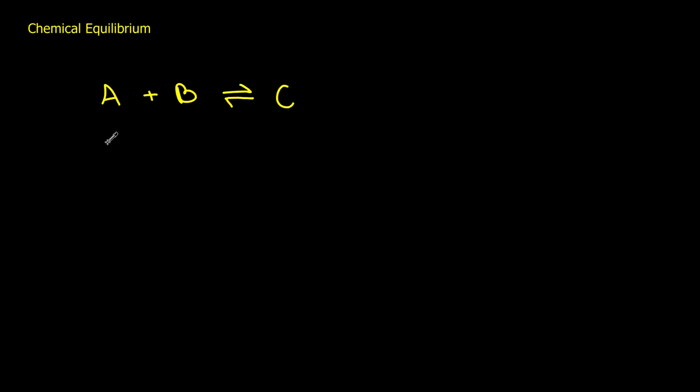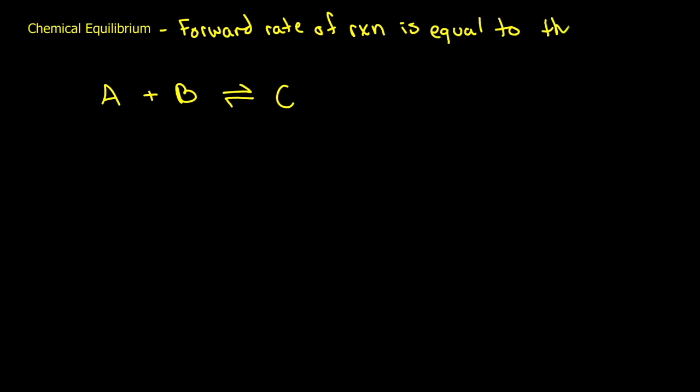So we could say chemical equilibrium is when the forward rate of reaction is equal to the reverse rate of reaction. So the forward rate of reaction is equal to the reverse rate of reaction.